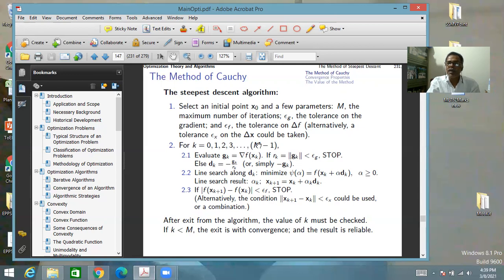It was not forced by the maximum number of iterations, and the result is reliable. Otherwise, it would mean that it has been a premature exit. It has not converged. So in any algorithm, wherever you put a limit on the maximum number of iterations, after exit, you must check this.